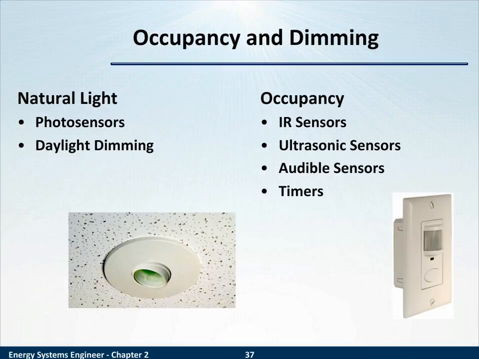As it pertains to natural light, you can have a photosensor that determines how much natural light is coming in. That sensor feeds back to the control system and dims the light you're producing so that between the light you produce and the light coming from outside, you have an appropriate level of light.